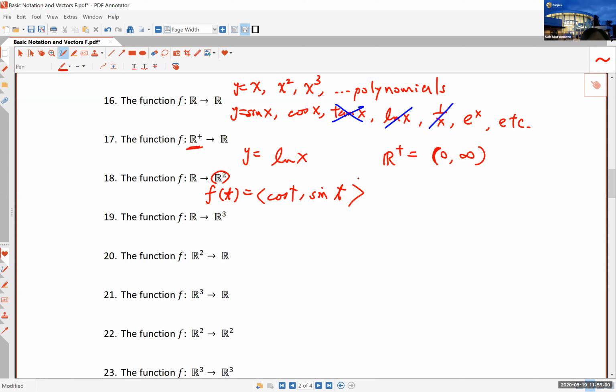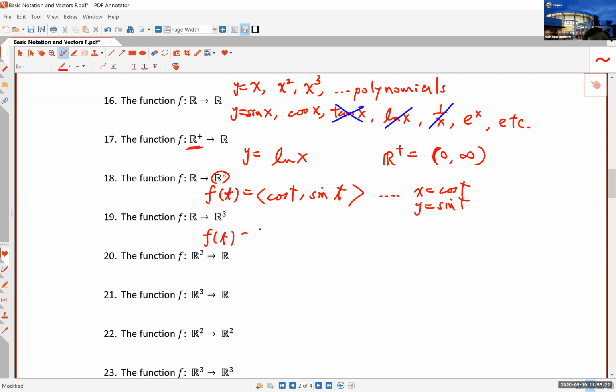And so this would actually be a circle, unit circle. You can also write this as x is cosine t, y is sine t. T is called a parameter. This is called a parametric equation. Because the codomain is R2, we will call this a vector valued function.